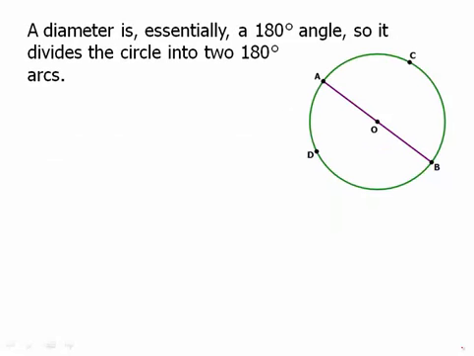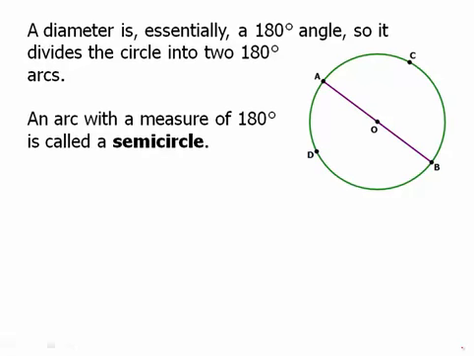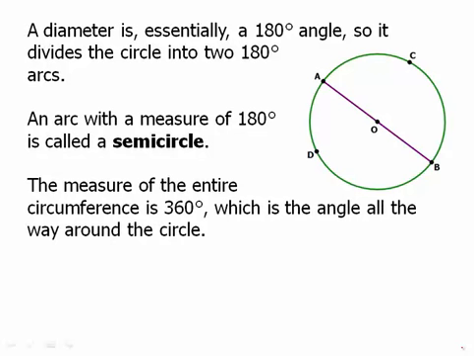Now a diameter is essentially a 180-degree angle. As we go from A to O to B, it's a straight line. We don't bend at all, so that's 180 degrees on each side. And so that divides the circle into two 180-degree arcs. And of course, an arc with a measure of 180 degrees we call a semicircle. The measure of the entire circle, all the way around the circumference, is 360 degrees.